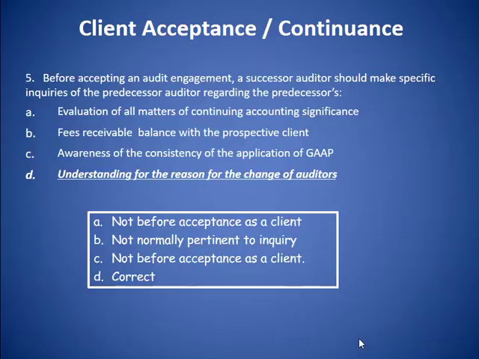Again, that's not normally pertinent to the inquiry. C, awareness of the consistency of the application of GAAP. And again, that would not typically be before the acceptance of the new client. So D is correct.